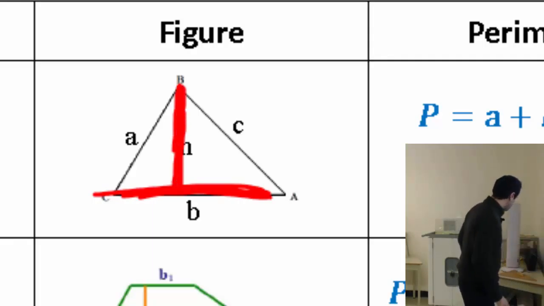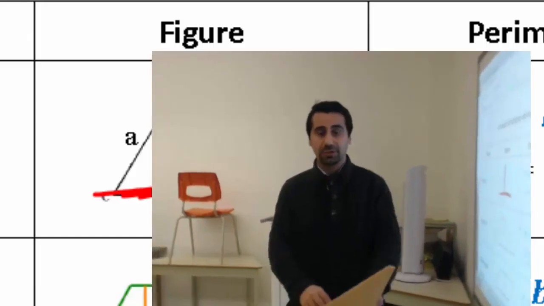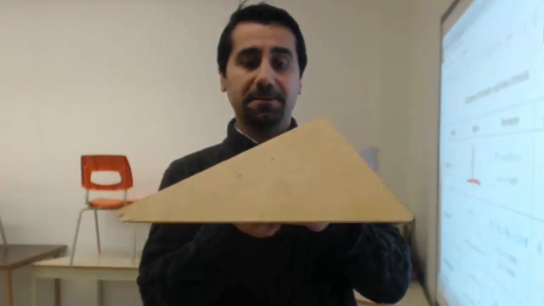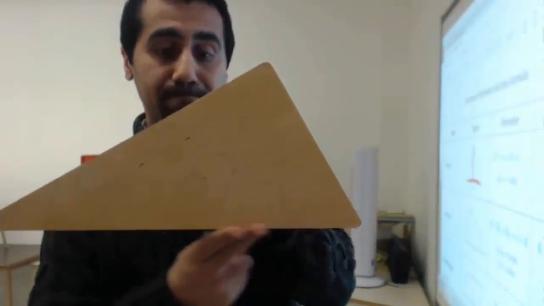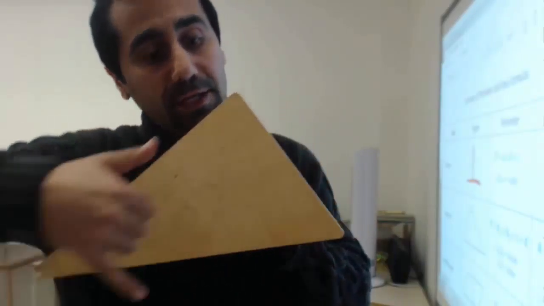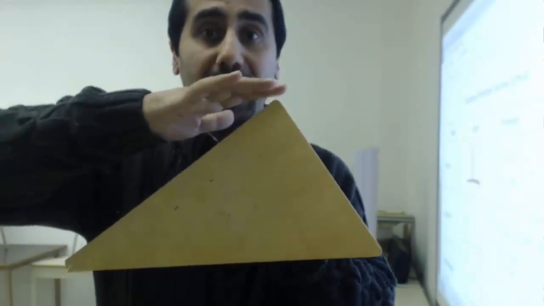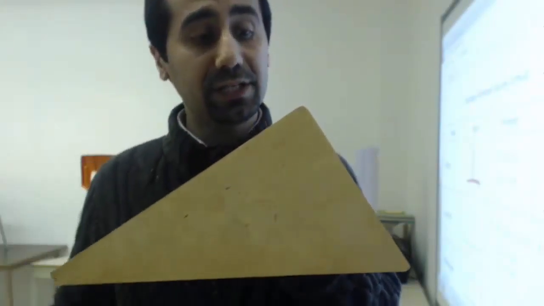Now please carefully look at this. Here is a triangle. This is the B, and the distance here from bottom to top, that's the height. This is how high the triangle is.